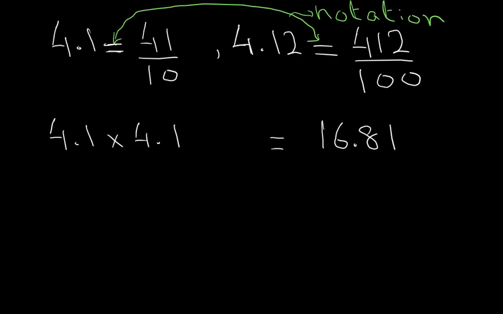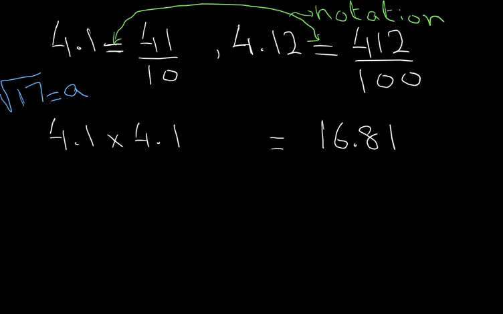It's getting close to 17. Remember, I want to figure out the square root of 17. So we're trying to find a number a such that a multiplied by a is equal to 17. So we found a to be 4.1, and that's getting close to 17. It's 16.81.